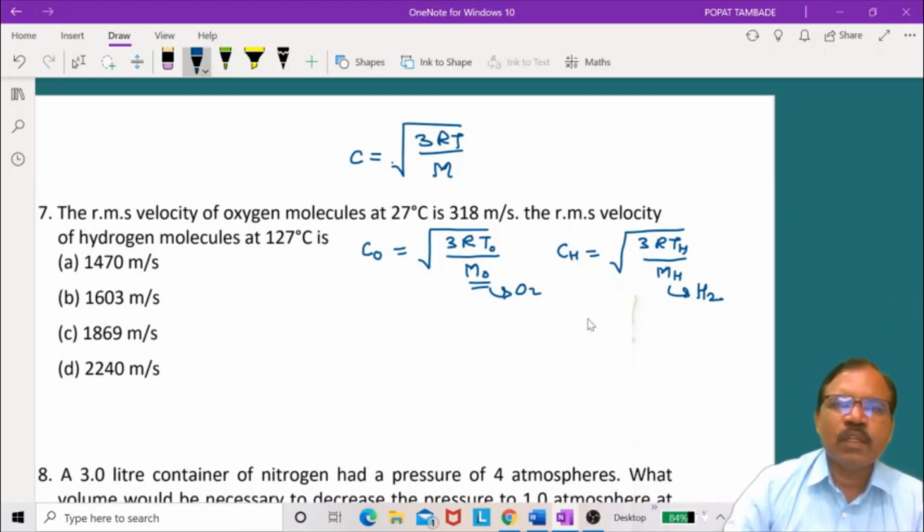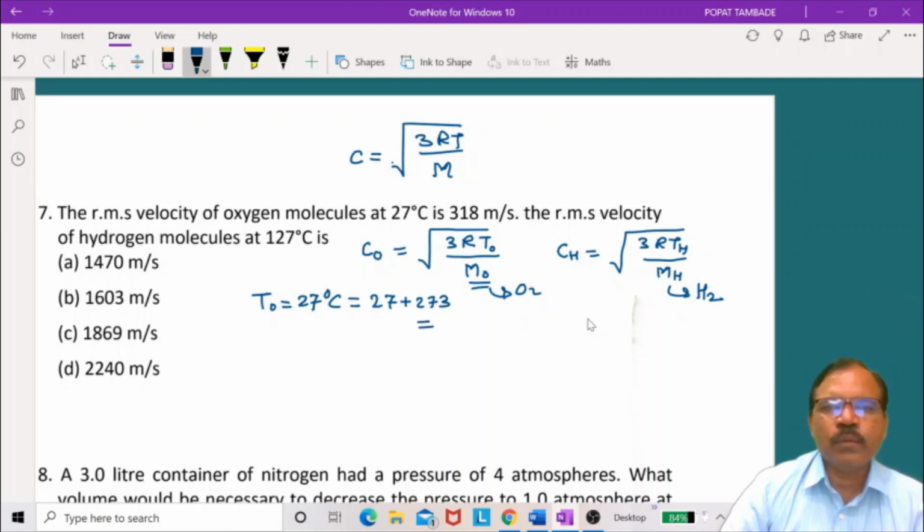Now if we see what is T0, T0 is 27 degrees Celsius, but we require it in Kelvin. So here 27 plus 273, so we get 300 Kelvin. And what is TH? That is 127 degrees Celsius.